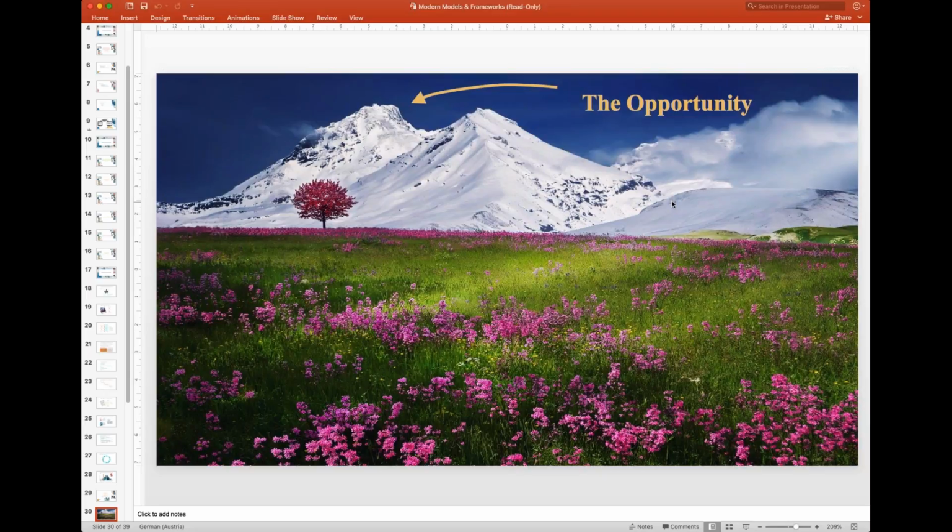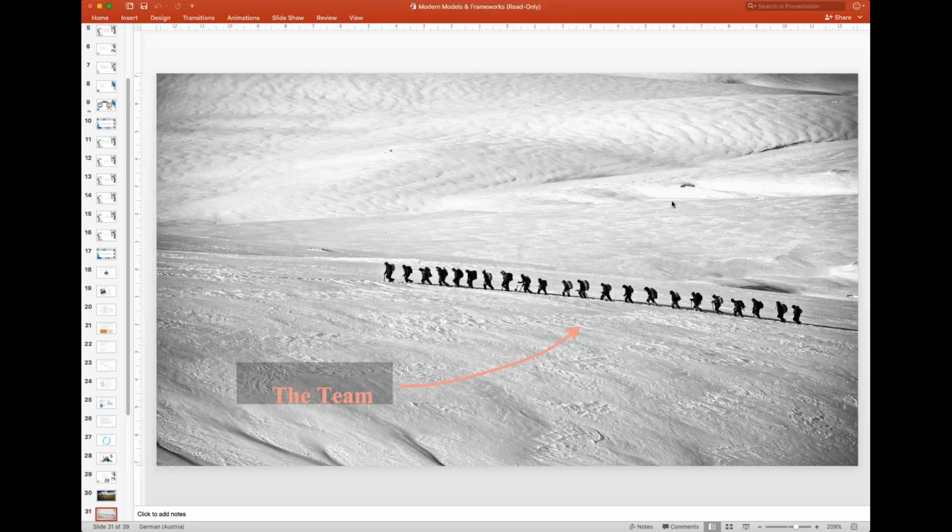When you think about a mountain you want to climb, you want that mountain to be very high and very lucrative, something that I can brag about, but something that I don't think will kill me, something that is not too high for me. And when I'm saying me, I mean my team. Next slide, please.